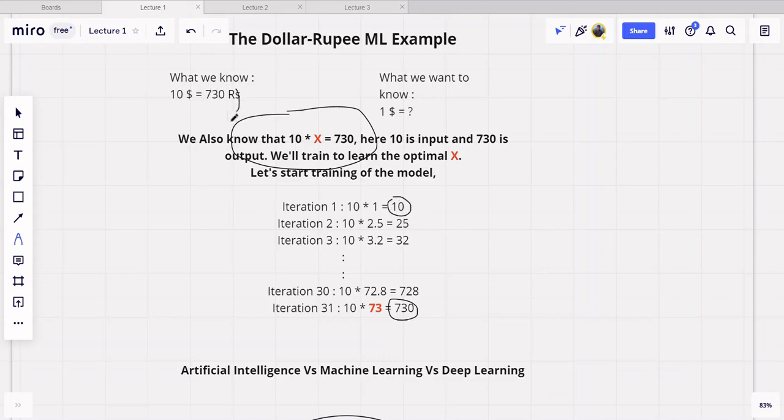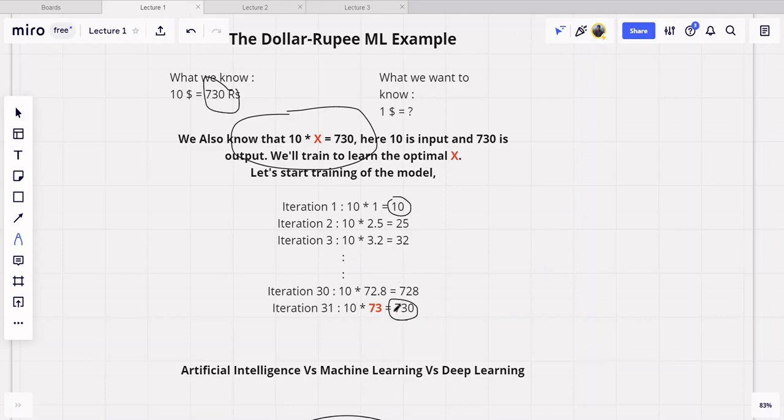So then again we'll increase the value of x. Now let's say 10 multiplied by x, with x equal to 2.5. Now the value that we get is 25, but we know again that the correct value is 730. Okay, so we then again increase the value of x, and we keep on increasing the value until we get the correct output.